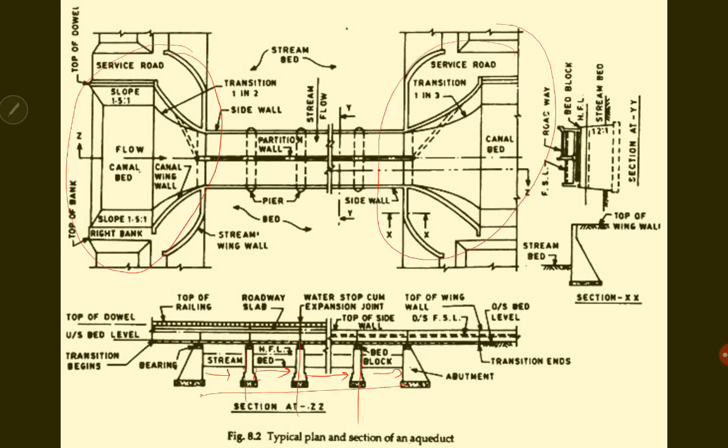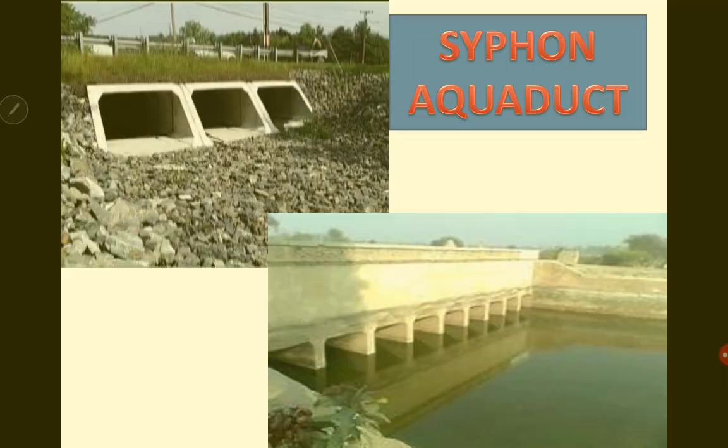Now the canal waterway length we fixed up, the fluming length we designed, then each section we designed, and the next step was to design the trough part. How is the trough going to be? And the last step was to provide the wing walls, these 4 wing walls on the upstream and downstream side. This is the design of an aqueduct.